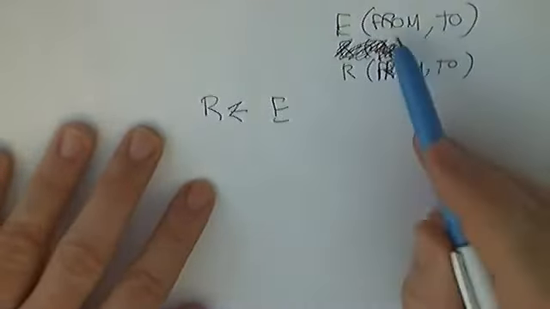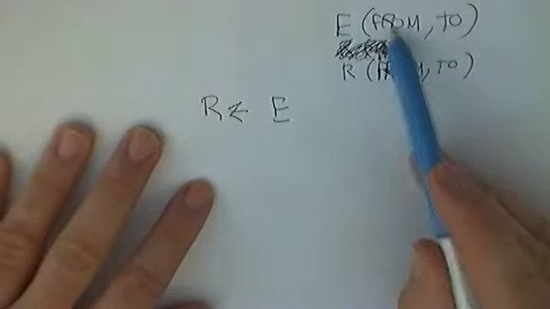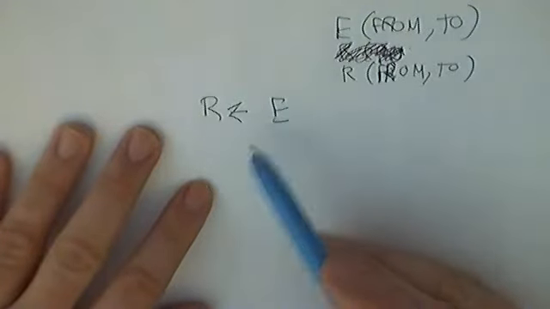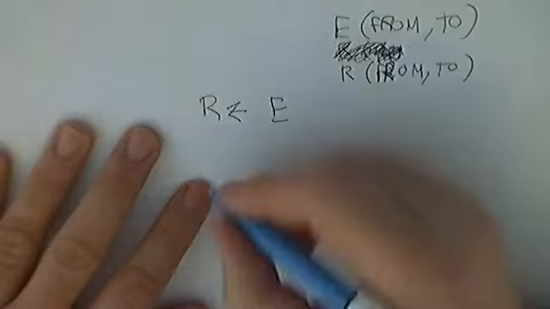Anyways, these are the signatures. They both have attributes. This one's called from and to. This one's called from to. Right now, they're equal to each other. They're the same exact thing, right? But now watch this.